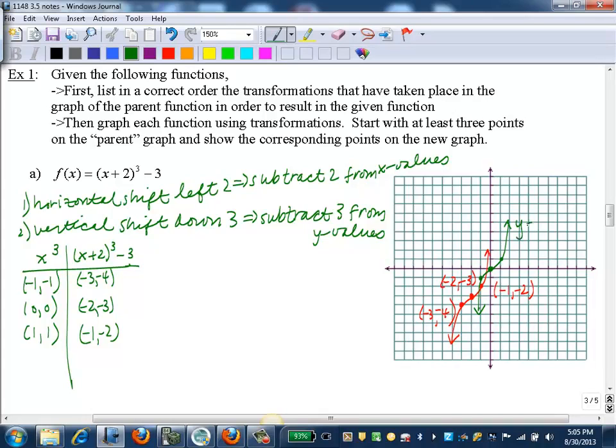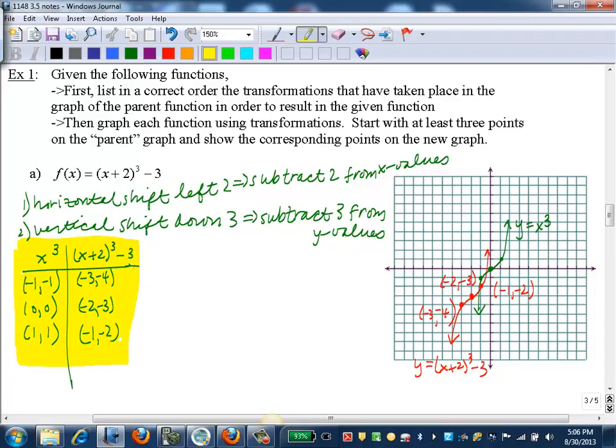So this was our x cubed. And after those transformations, here's our (x plus 2) cubed minus 3. You can see that our green graph, our parent function, has been shifted left 2 units and down 3 units.